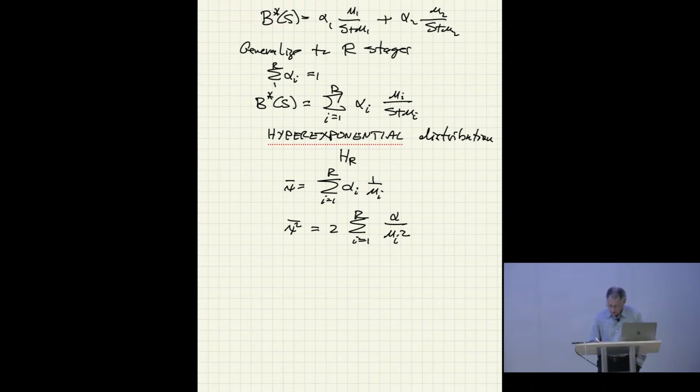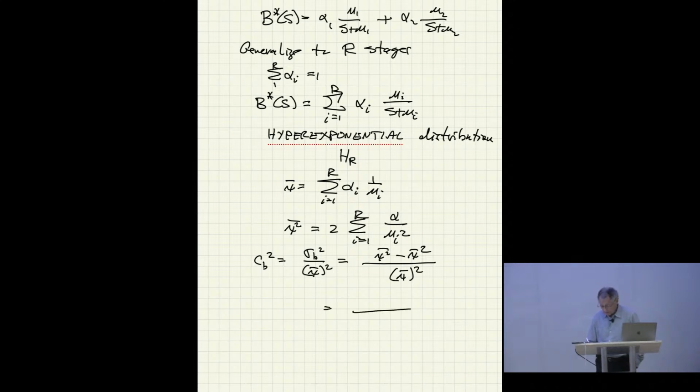So let's do the coefficient of variation to prove it's bigger than 1. That's equal to the variance over the mean squared. And what is the variance? Second moment minus the first moment squared. So that's x squared bar minus x bar squared over x bar squared.